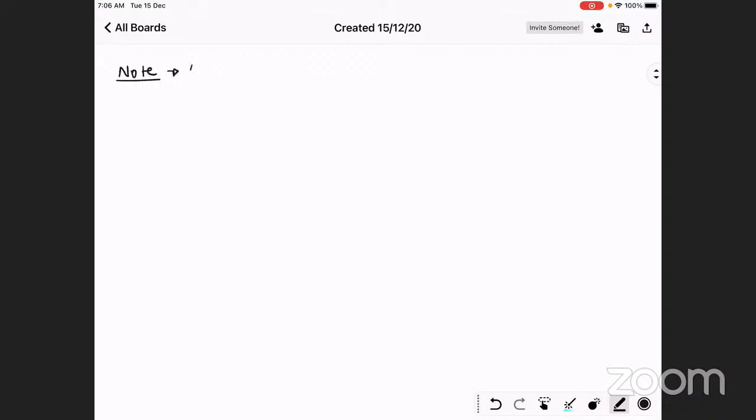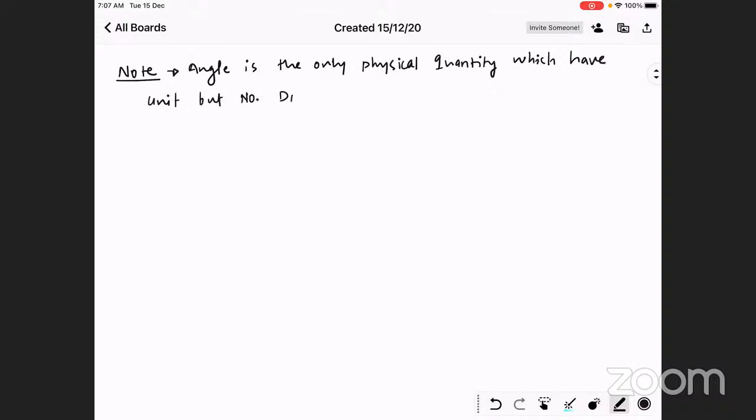Note, angle is the only physical quantity which has unit but no dimensional formula.